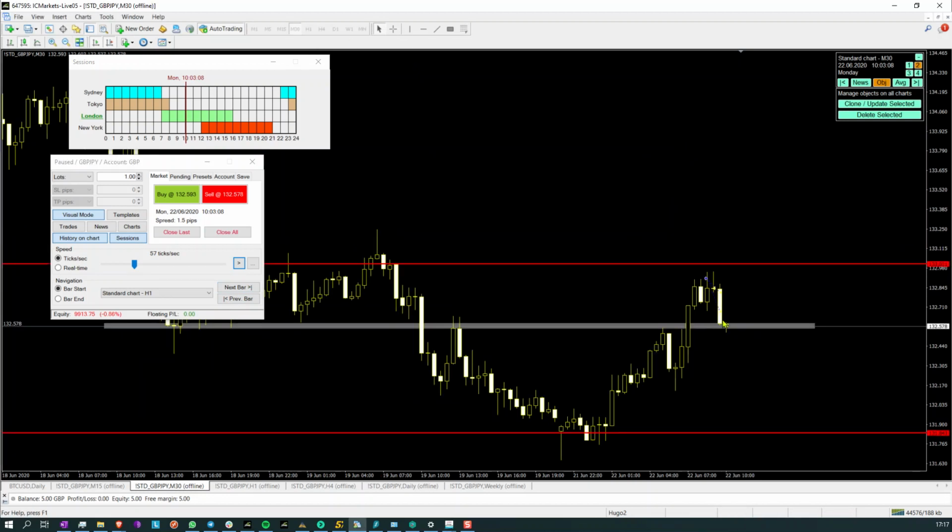So if we have a bullish candle here, yeah, 30-minute bullish candle. Oh no, we are coming down. Giving me not many options for a trade.